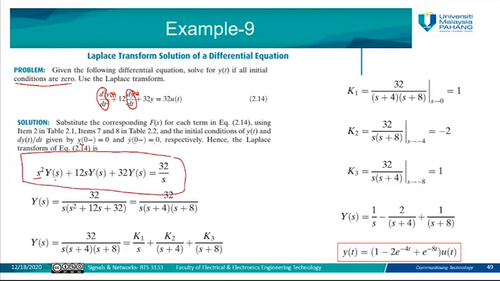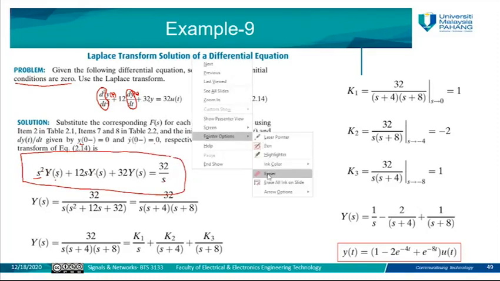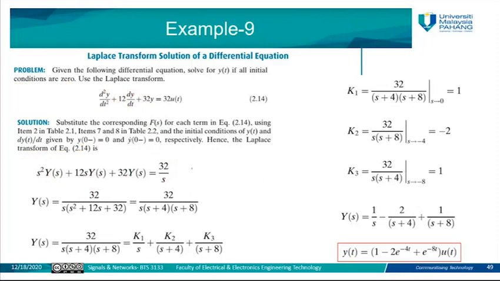Then you need to use this function to rearrange. We take Y(s) on one side and put the rest on the other side. So Y(s), and you open this one, we still have s squared plus 12s plus 32 on the left side, equal to 32 over s on the right side.